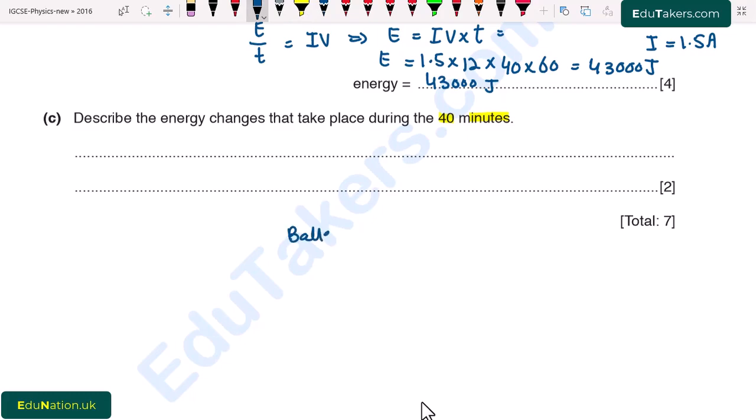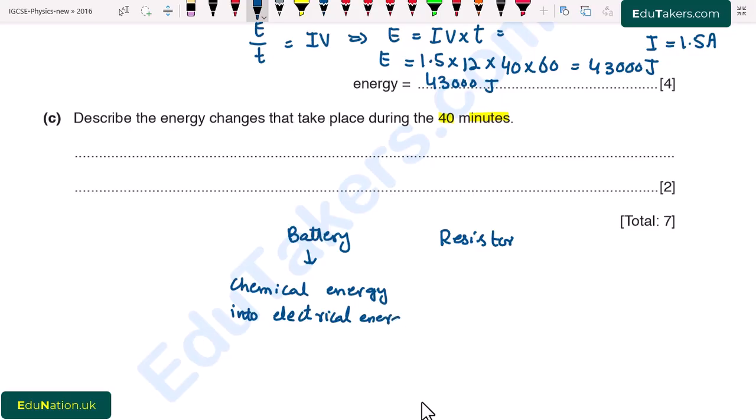I write here battery and resistor. Battery changes chemical energy into electrical energy, while the resistor changes the electrical energy to thermal or heat energy.